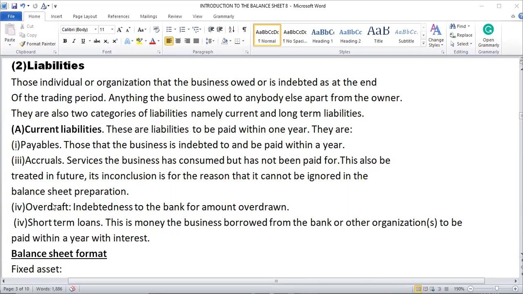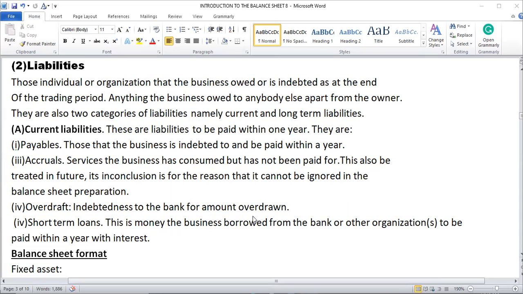Okay. Overdraft. Indebtedness to the bank for an amount overdrawn. At times, when the business is in need of money, it can approach the bank to let them withdraw more than what is in the account.